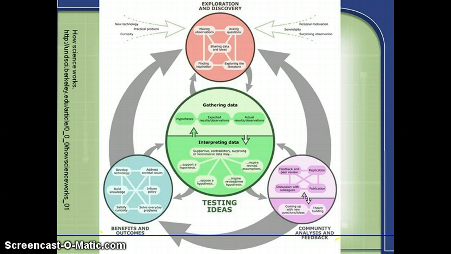The graphic on the screen is a flowchart that is on the website How Science Works. There are four main areas on this graph to help us think about what kind of sequences science goes through. It's not linear or a straight line. At the top, the red circle, we see that there's exploration and discovery.